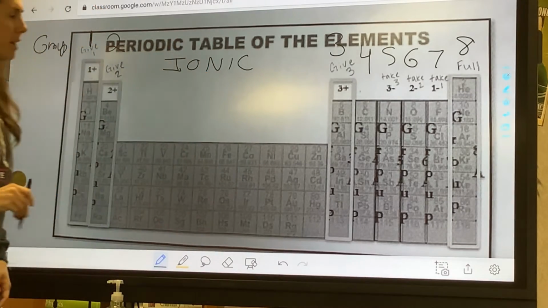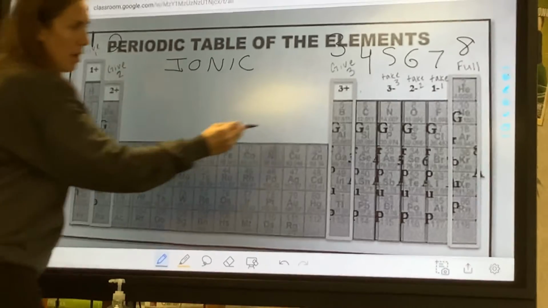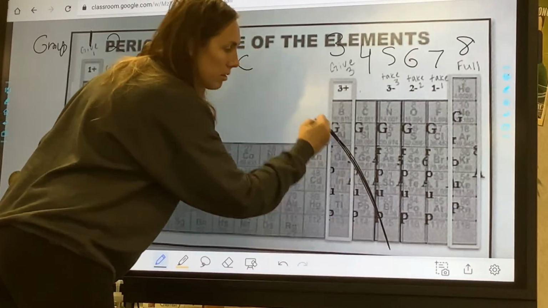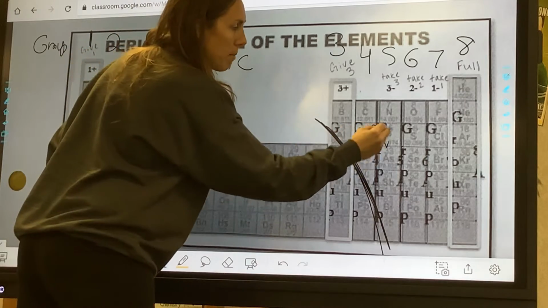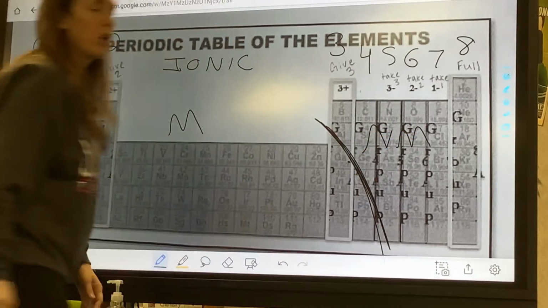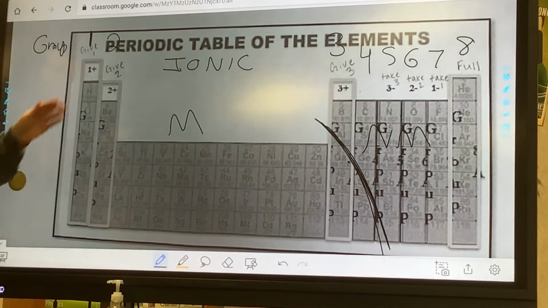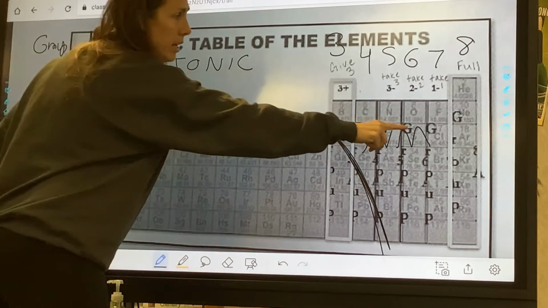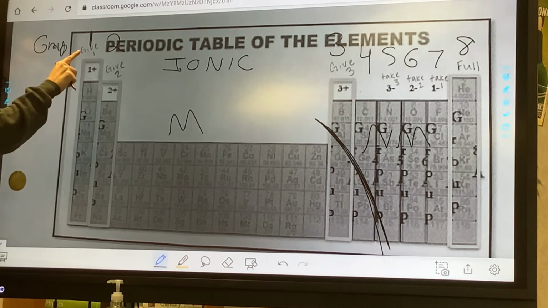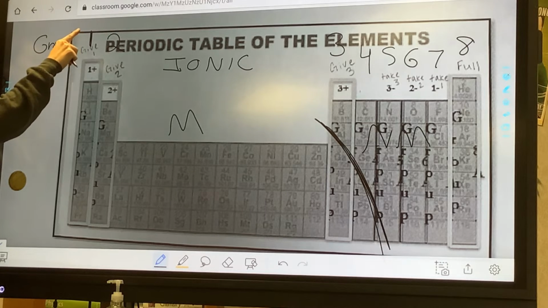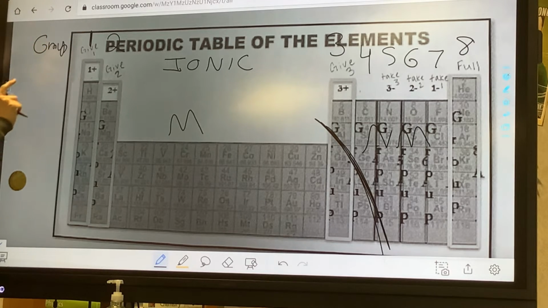Now remember, you got metals, and then you got non-metals. So your ionic bonding is mostly going to be between a metal and a non-metal, okay? NaCl, okay? So when ionically bonded, anything from group number 1 has one valence electron.